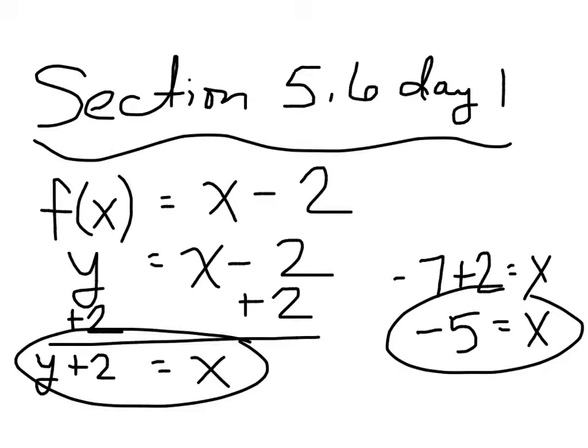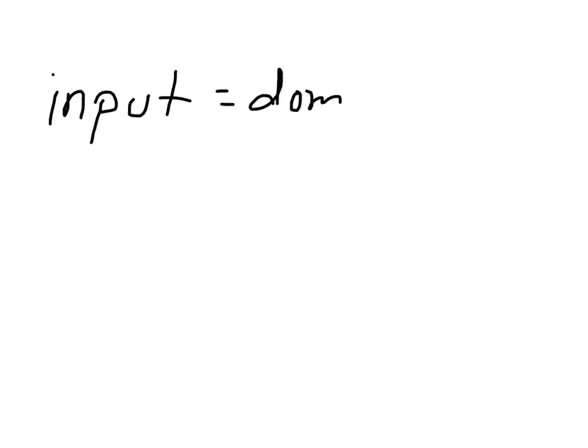So I'm going to write it down. The 7, they'll give us. They'll give you a number to put in. Input equals domain equals x values.